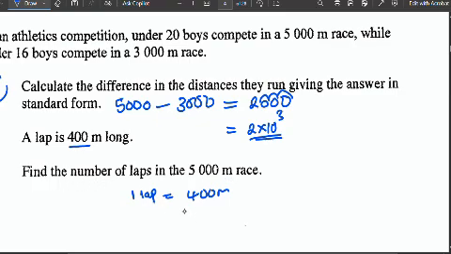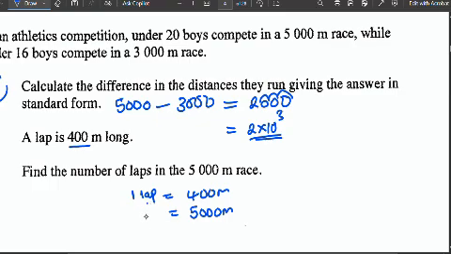So if 1 lap is giving you 400 meters, what about 5,000 meters? So you can see 400 is giving us what? 1 lap. 5,000 meters obviously is going to give us more than 1 lap.